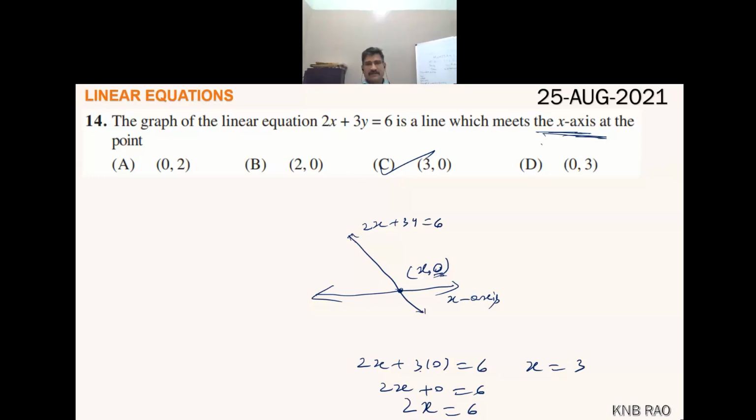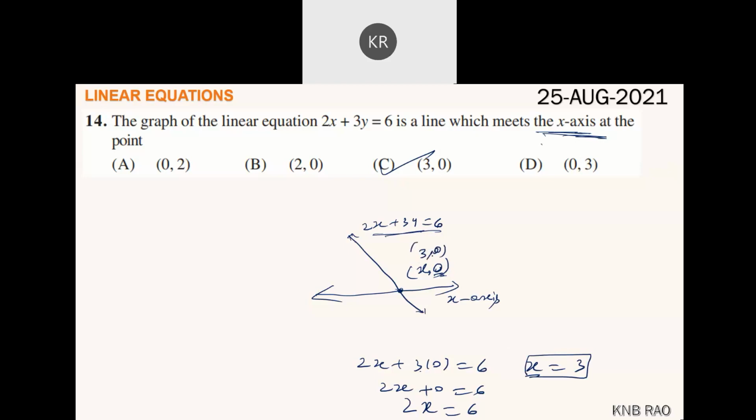Now this point is not only lying on the x-axis, it is also lying on this line. Therefore x comma 0 should satisfy this equation. When I substitute x comma 0, I get the value of x. Thus, this point is 3 comma 0. Understood? Yes, that's how we do it.